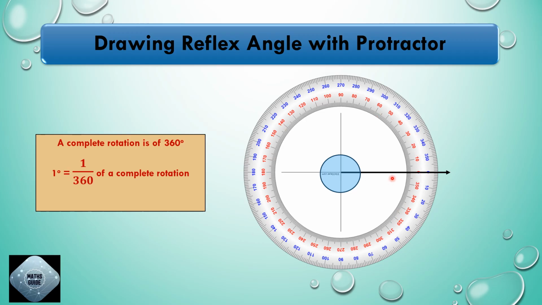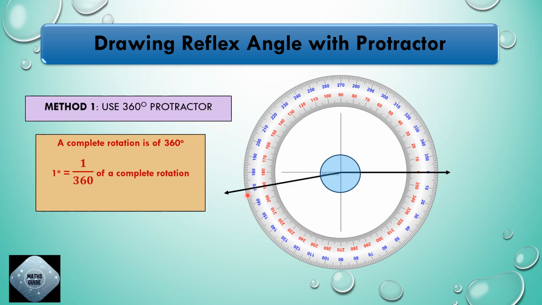As we all know, a reflex angle measures greater than 180 degrees, so our angle will start moving from 0 to any measurement greater than 180 degrees. It has a larger rotation. For example, if we want to draw an angle of 190 degrees, our angle will be from zero to 180 degrees, making a straight angle, and 10 more points make an angle of 190 degrees.